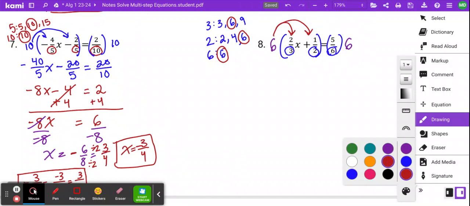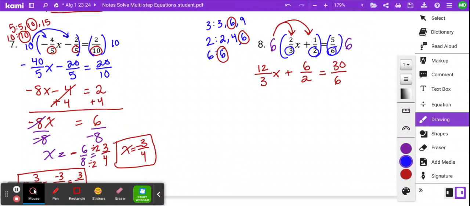So let's go ahead and multiply. 6 times 2 gives us our 12, with a denominator of 3. 6 times 1 gives us 6, and we have a denominator of 2. 5 times 6 is a 30, and we have a denominator of 6. And now we can simplify. 12/3 gives us our 4. 6/2 gives us a 3. 30 divided by 6 gives us a 5.